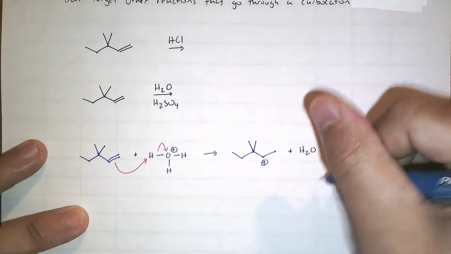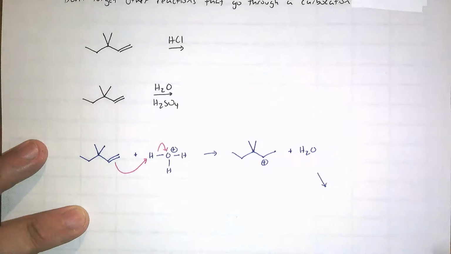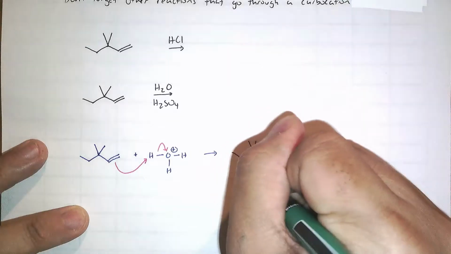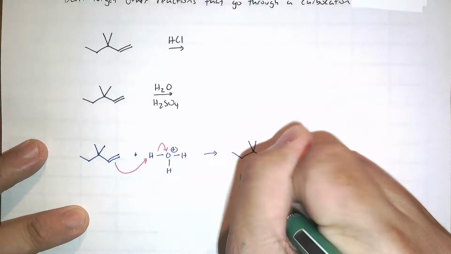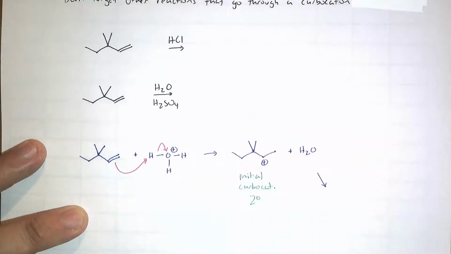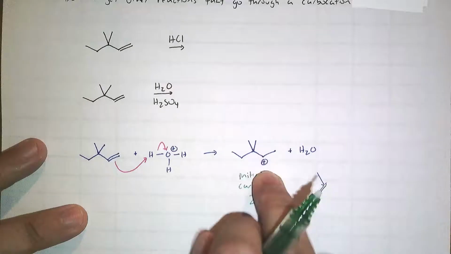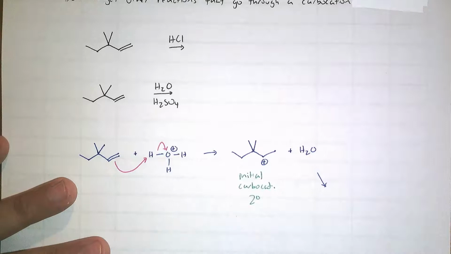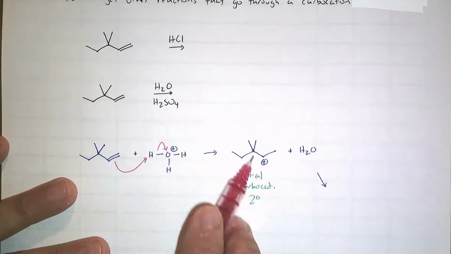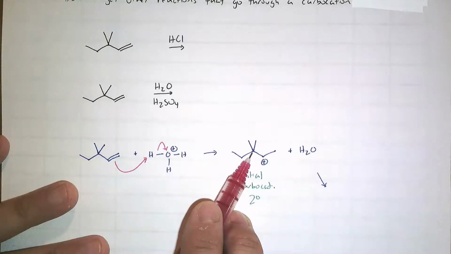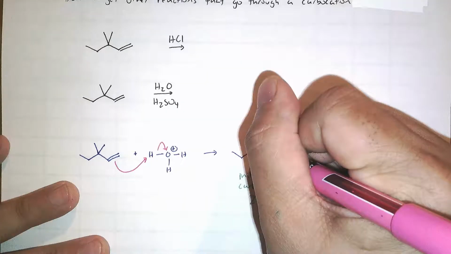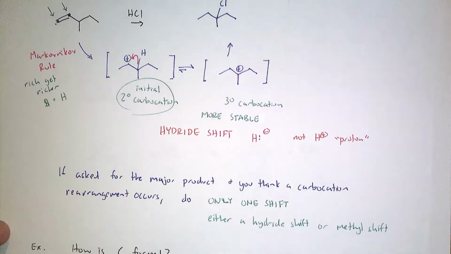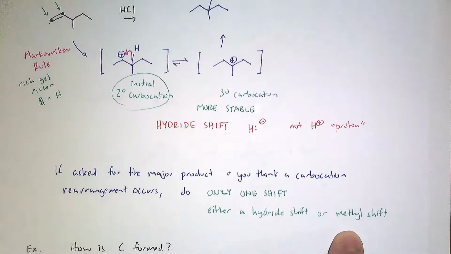Because in the next step, this is the trick. The trick is to realize that the initial carbocation is secondary. If you could get there, then you could ask yourself, can I make it tertiary? And yes, we can make it tertiary by, see, there's no hydrogen here, so we can't do a hydride shift. There's a methyl group, and again, you are allowed to do either a hydride shift or a methyl shift.